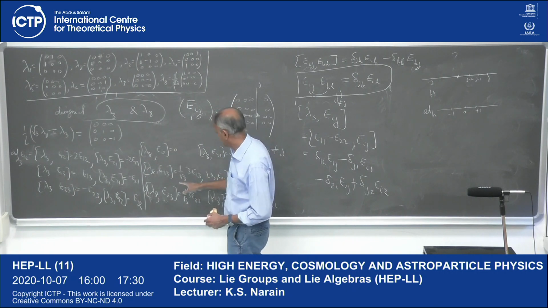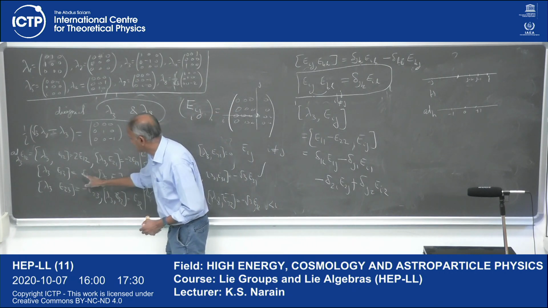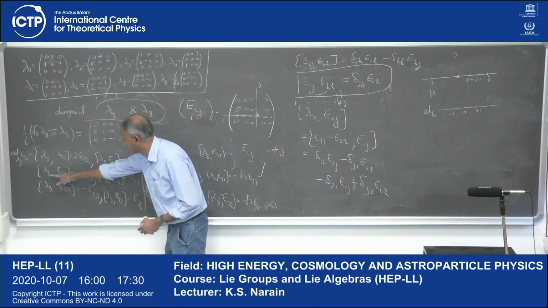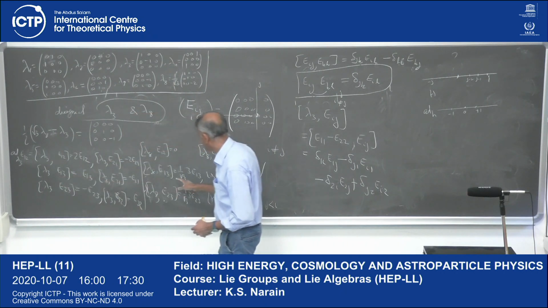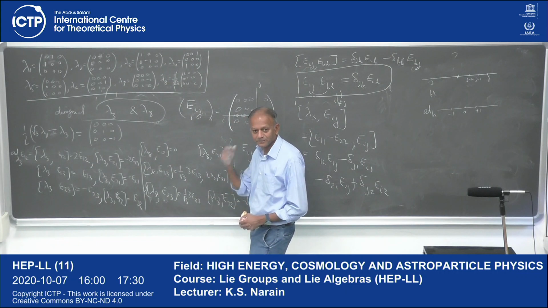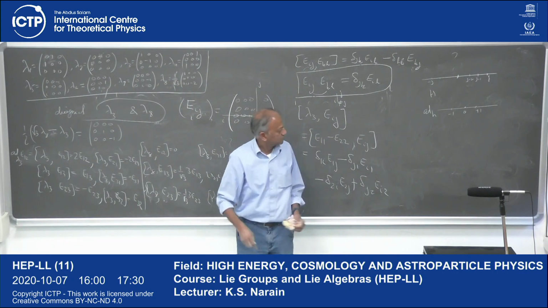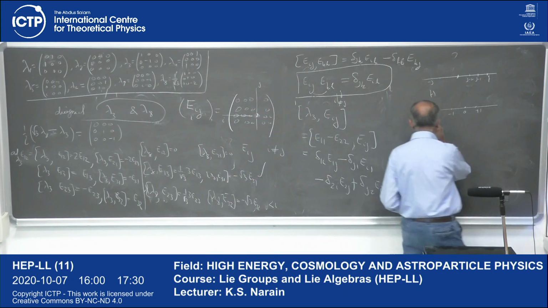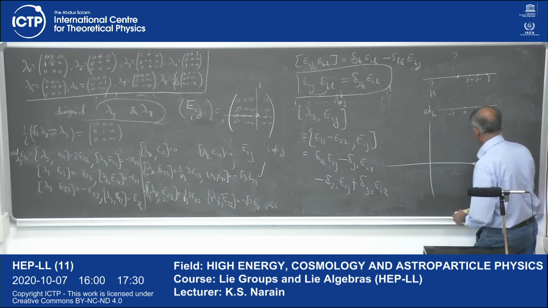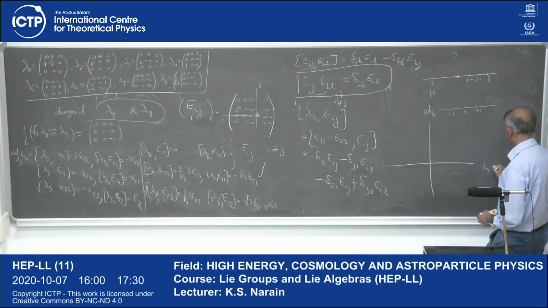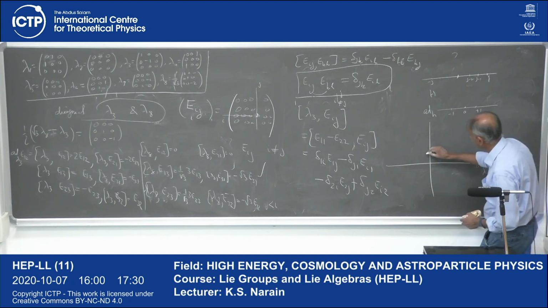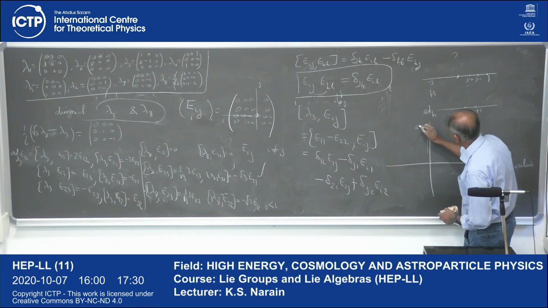But look at E13, it has eigenvalue 1 with respect to lambda 3, whereas with respect to lambda 8 it is root 3. So let's plot. On this axis I plot ad lambda 3 eigenvalues, and in this direction I plot ad lambda 8 eigenvalues.